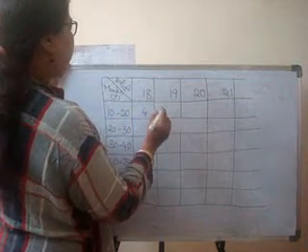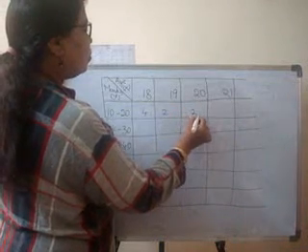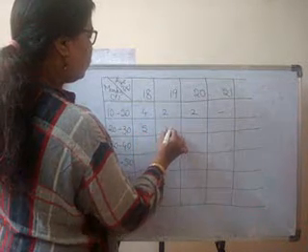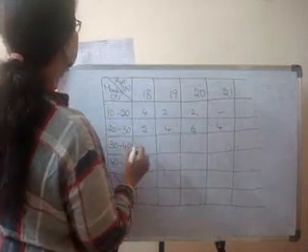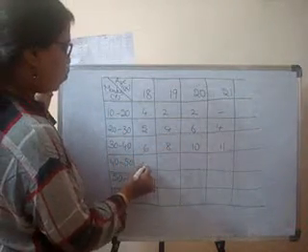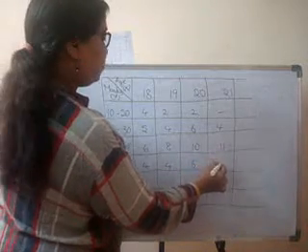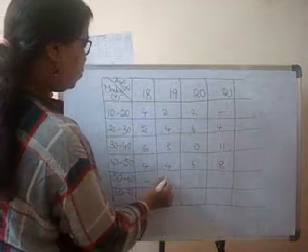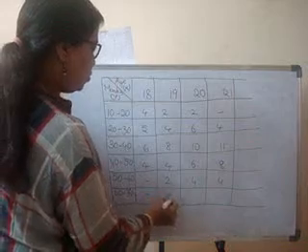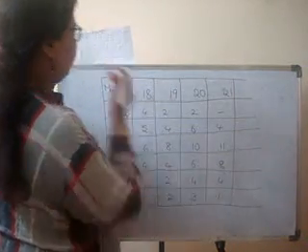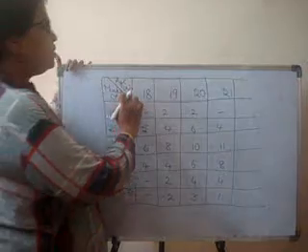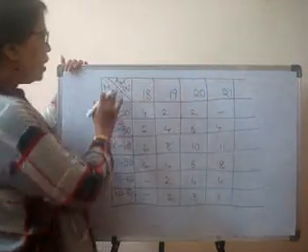The frequencies are given in the table. These are X values, that is age, and these are marks.